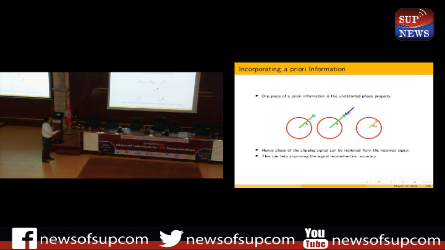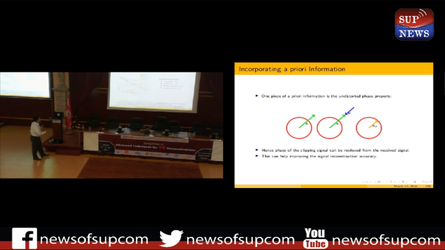Both of them are as close to x here, but this one is closer to x1, while x2 is further from all the points, if you understand me. So now we can have a reliability measure and calculate the reliability of all the data and only choose those data with top reliability, okay? And use them to recover the clipping, okay?